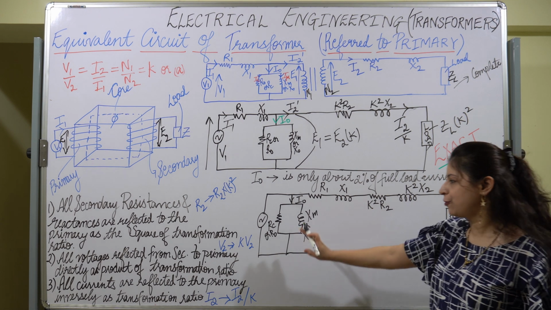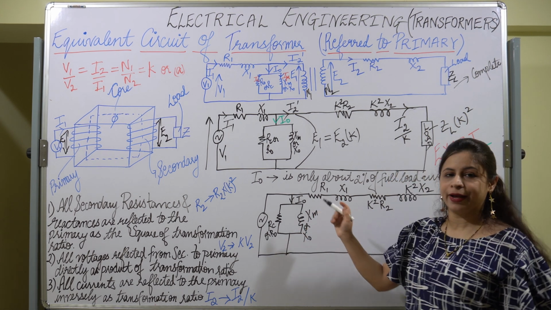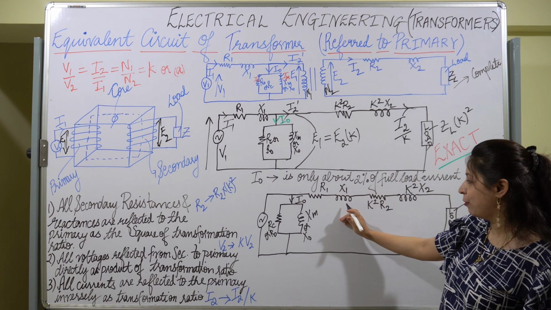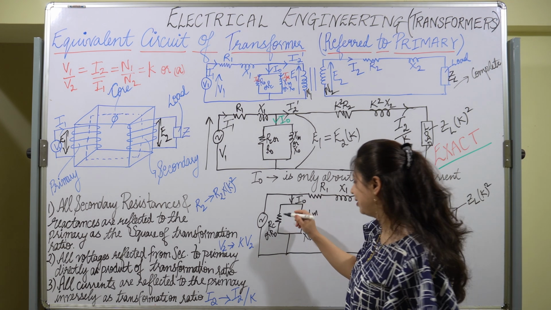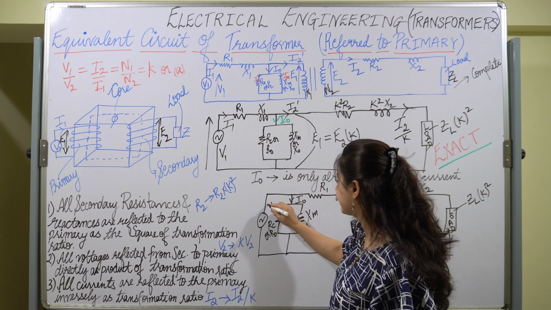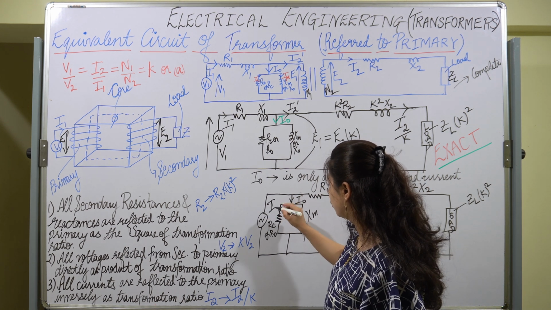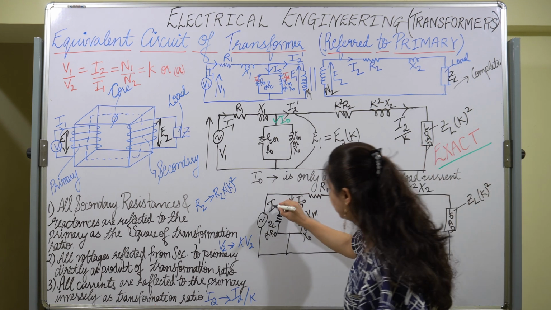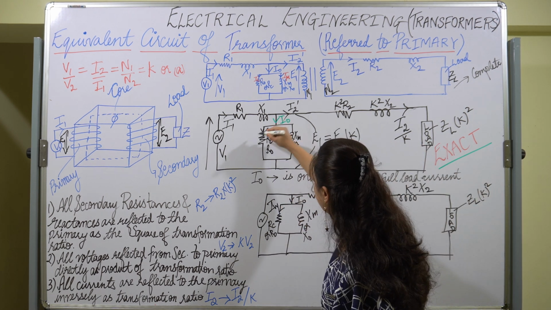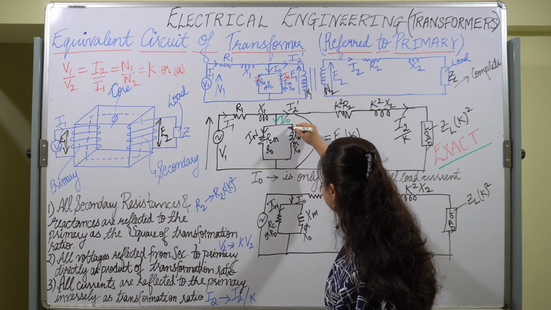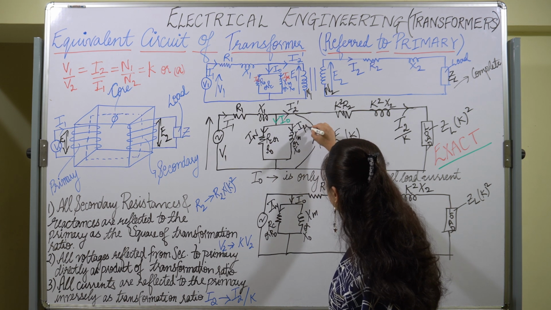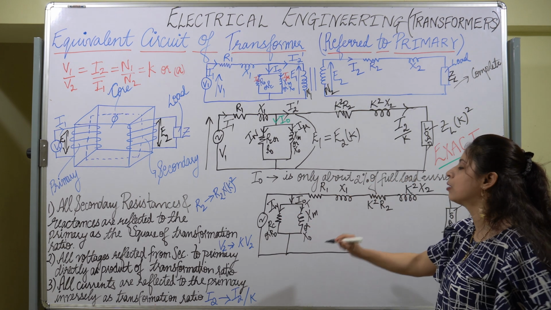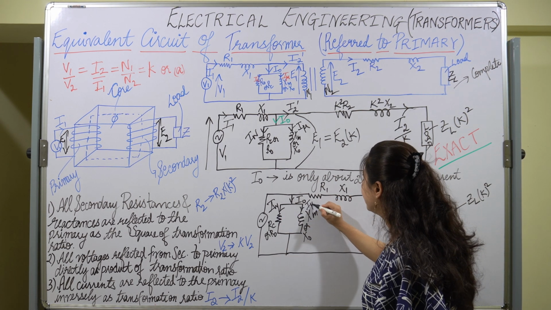So when I shift it before my primary resistance and primary reactance, there will be no effect on the currents. There will be no effect on the working component of the no load current, as well as the magnetizing component. This is I mu. This is the core loss component or the working component, and this is the magnetizing component.